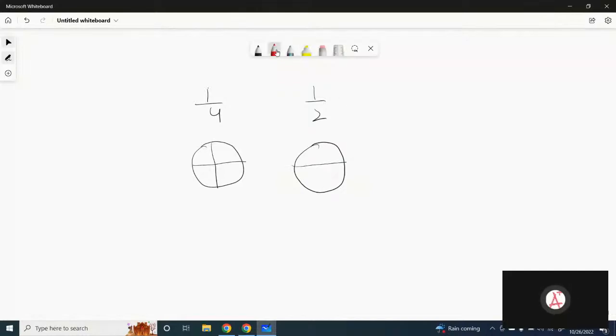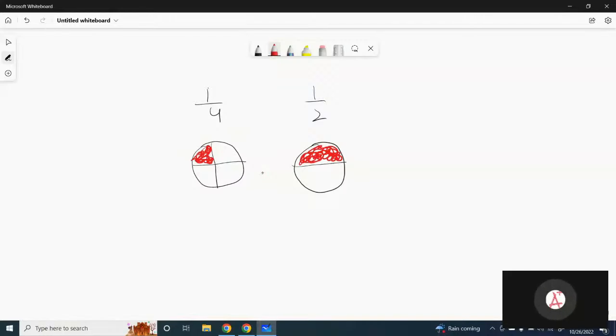Okay, so here out of the 4, just one of them is colored. And then out of the 2, one is colored. So which one is less? Yes, 1 by 4 is less.